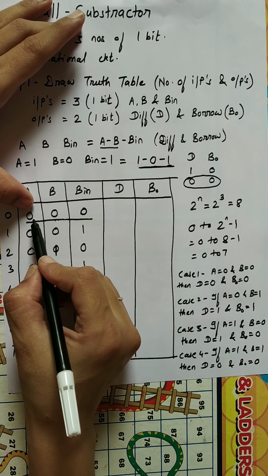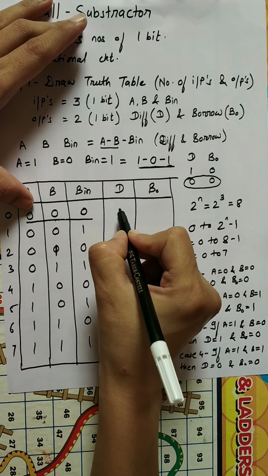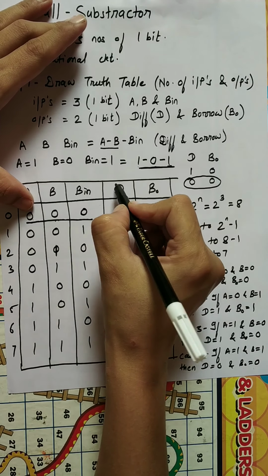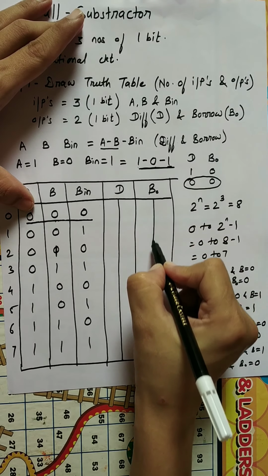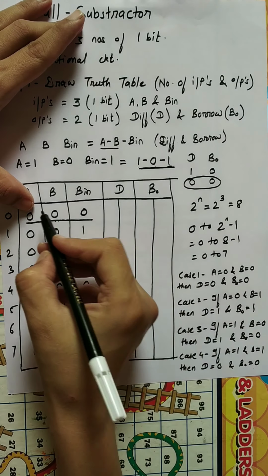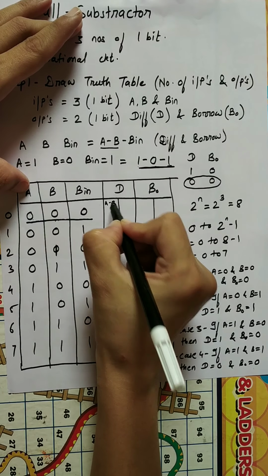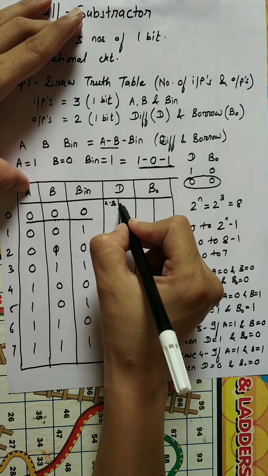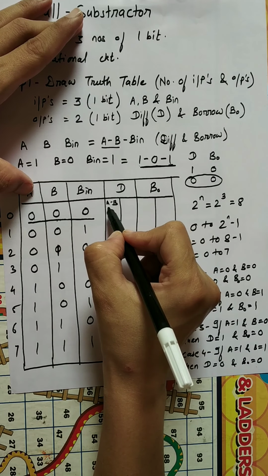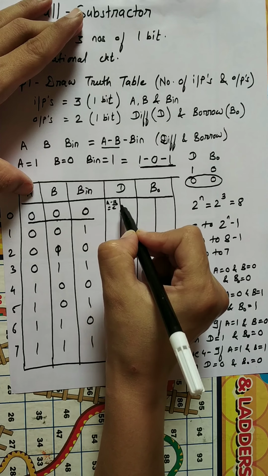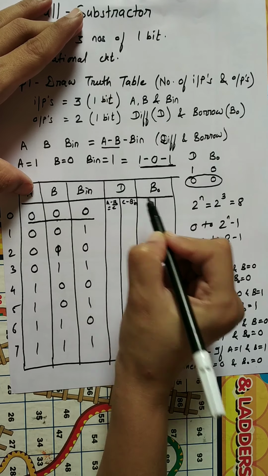For example, here I'll just tell you, 0 minus 0 is difference 0 and borrow 0. I'll just make 2 columns here, difference and borrow, right? So whatever the output I am getting, that is a minus b, I'll write a minus b output here, and after that whatever the output I am getting, for example it is denoted by c, from that output I am going to subtract b in, right?